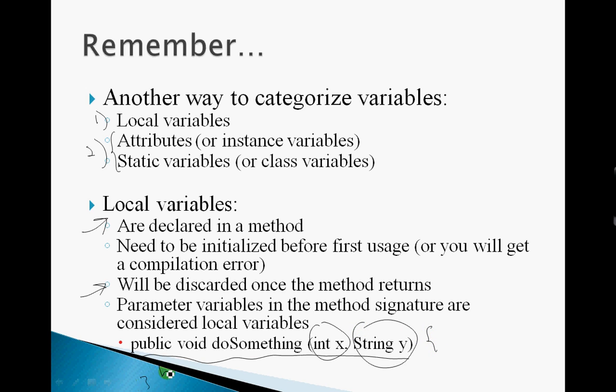If there's a statement in the body, boolean B, then B is a local variable because B is declared in the method body. X and Y are not declared in the method body, but they are considered local variables. So when doSomething returns, X and Y are also thrown away.